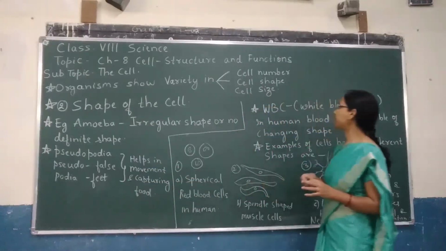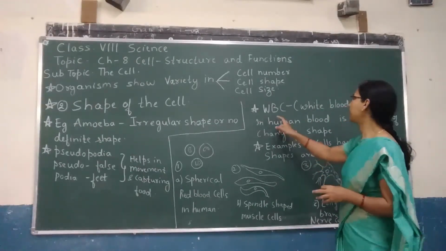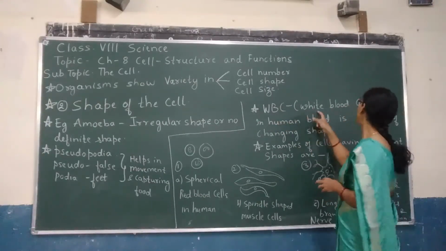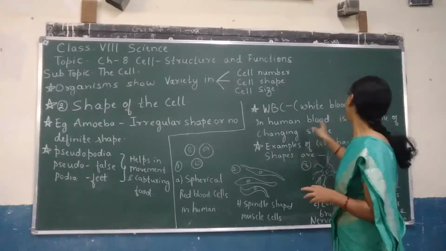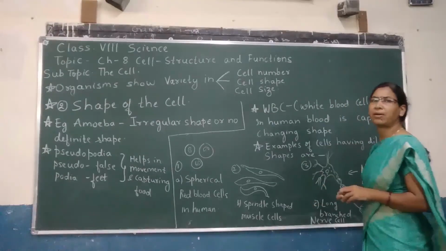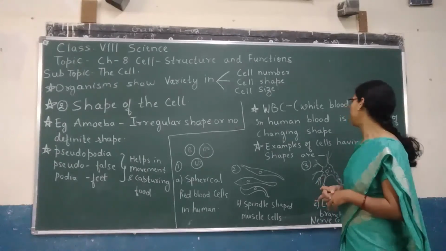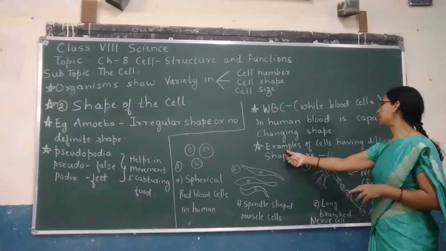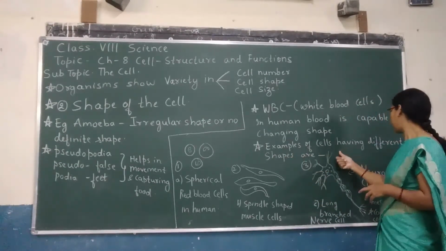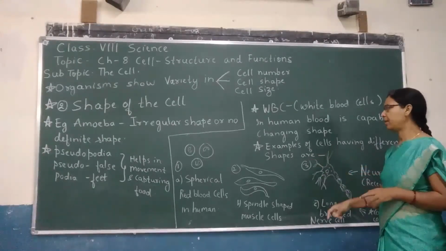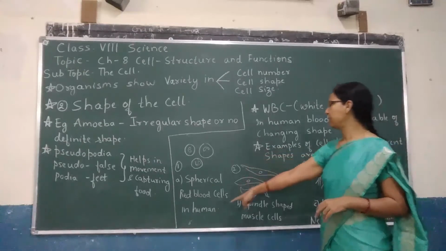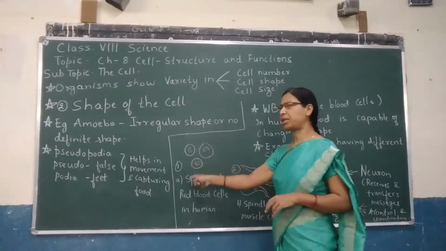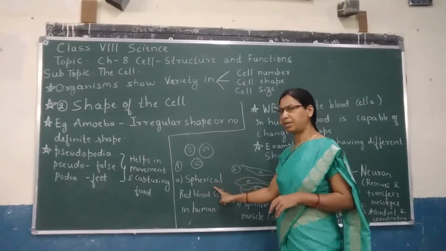Now, let us see one more example, that is WBC or the white blood cells. It is found in human beings and it is also capable of changing shape. Let us see some examples of cells having different shapes. I have drawn some diagrams. First one is red blood cells. It is spherical in shape.